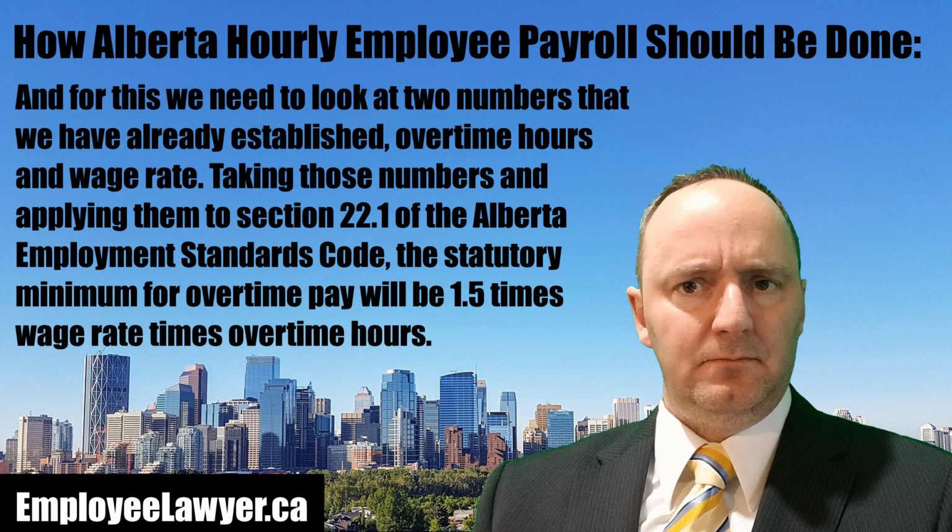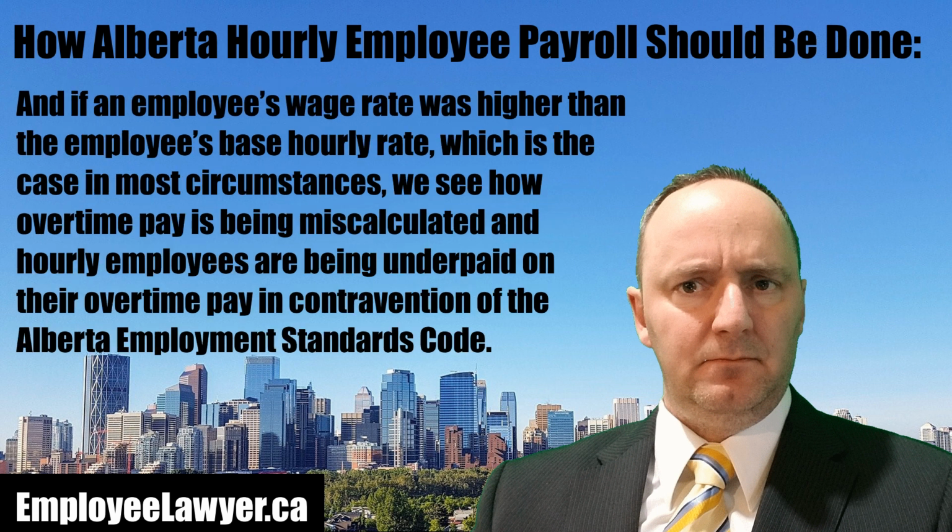Taking those numbers and applying them to section 22(1) of the Alberta Employment Standards Code, the statutory minimum for overtime pay will be 1.5 times wage rate times overtime hours. And if an employee's wage rate was higher than the employee's base hourly rate, which is the case in most circumstances, we see how overtime pay is being miscalculated and hourly employees are being underpaid on their overtime pay in contravention of the Alberta Employment Standards Code.